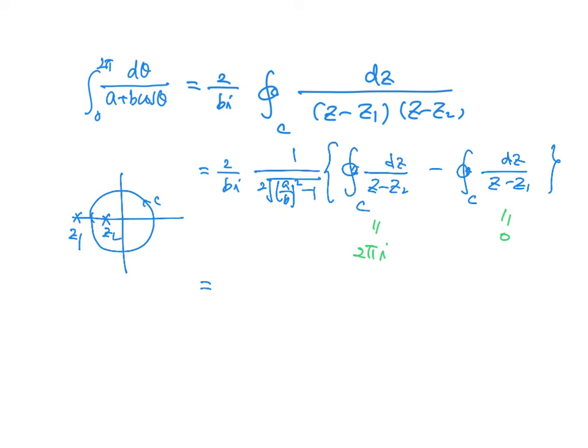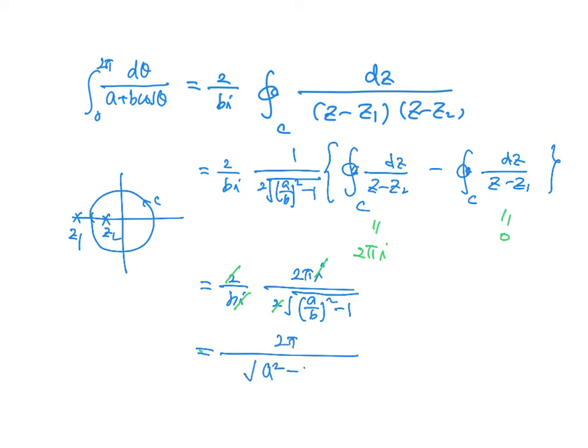This i and i cancel each other. 2 over bi, 2 pi i, twice over a over b square minus 1. So i cancels each other, 2 cancels each other. So it becomes 2 pi divided by a square minus b square.